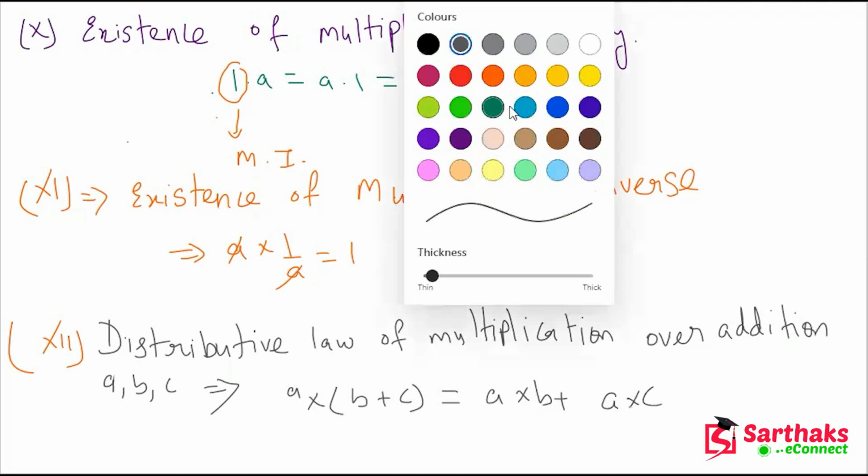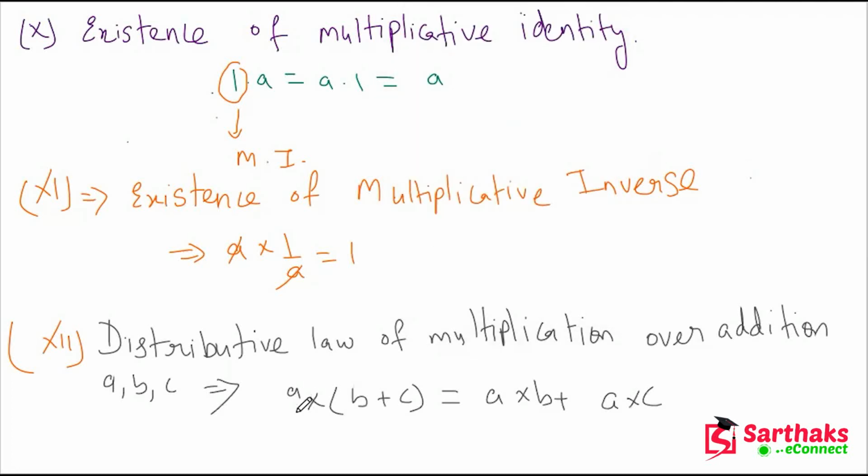In this case we have to distribute the numbers, like A multiply B means we are distributing with B and C both. Okay, I hope you get this point.